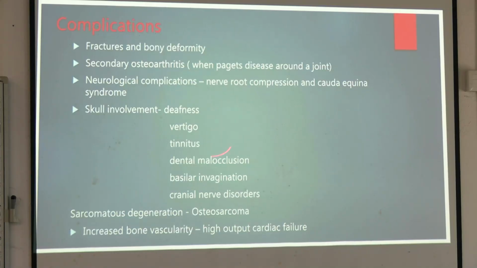Vertigo, tinnitus, then dental malocclusions, basilar invagination, and cranial nerve disorders. And sometimes, very rarely, Paget's disease may have a sarcomatous transformation to form osteosarcoma. And increased bone vascularity will be there, so patients might have a high cardiac output.